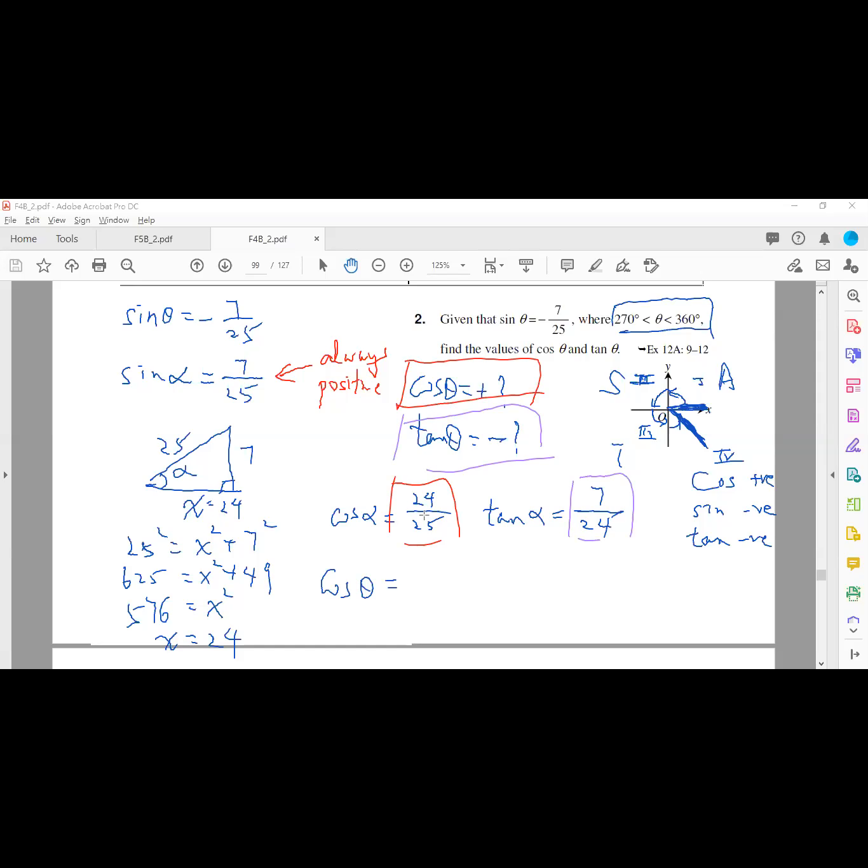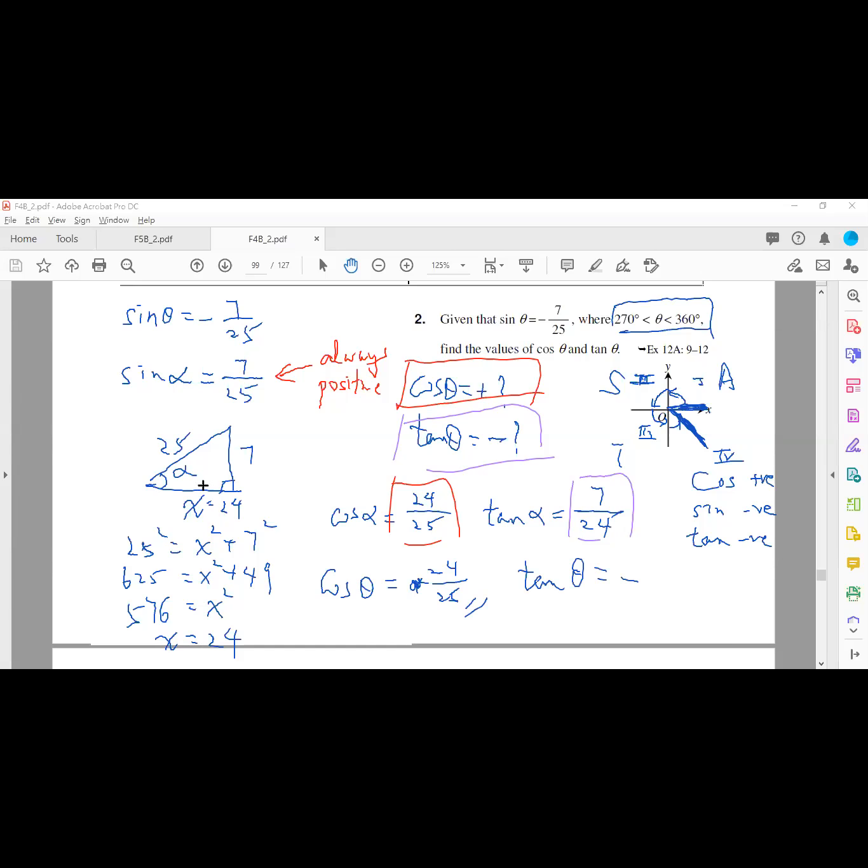It should be exactly the value of cosine alpha. It should be positive 24/25 or just 24/25. And then tangent theta is a negative number, because we have already found that it is a negative number.